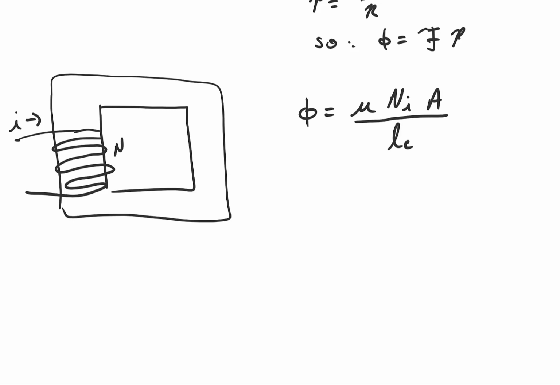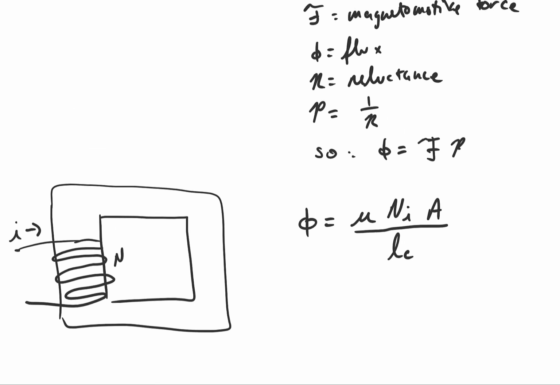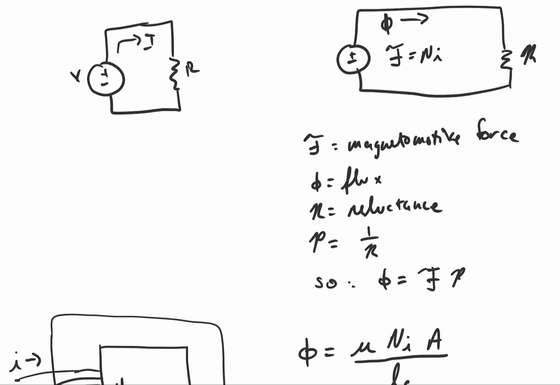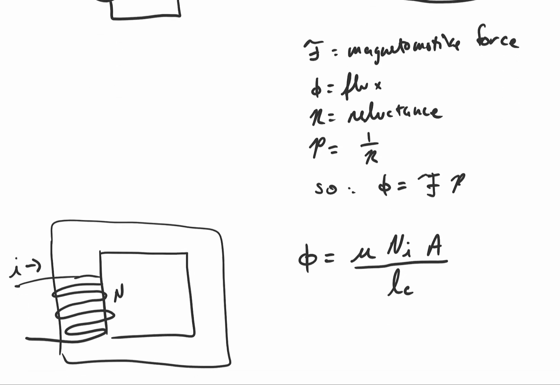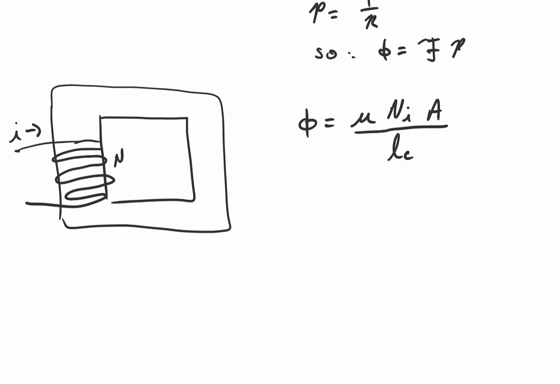And let's understand where all of this comes from. N again is the number of turns, and I is the current flowing in the coil. And that is, as we said before, the magnetomotive force. So in a minute we'll simplify this. A is the effective surface area of the core, and L sub C is the mean path length of the core.